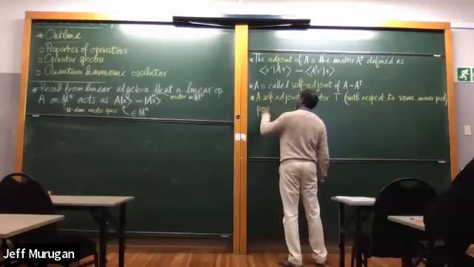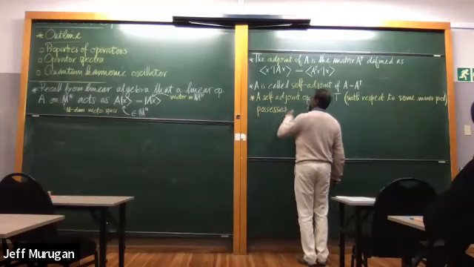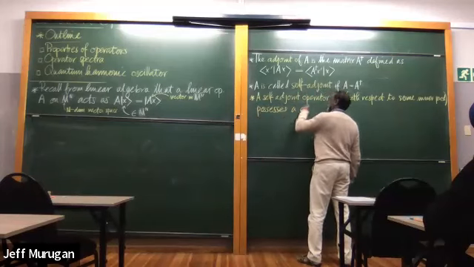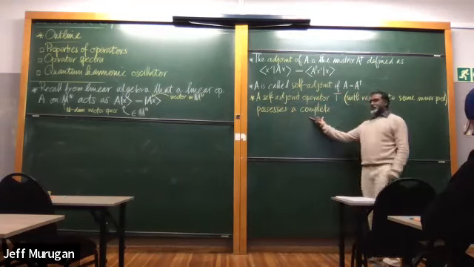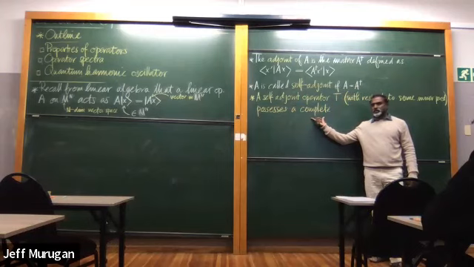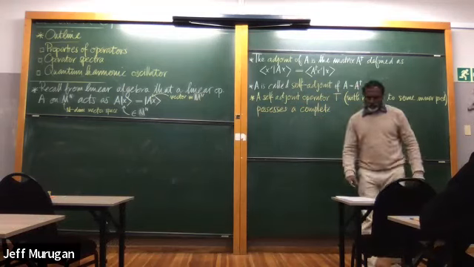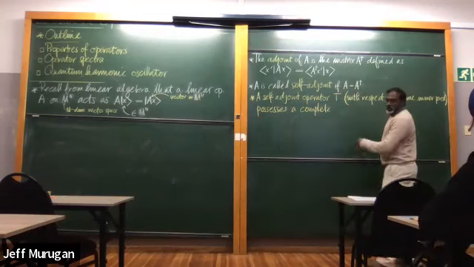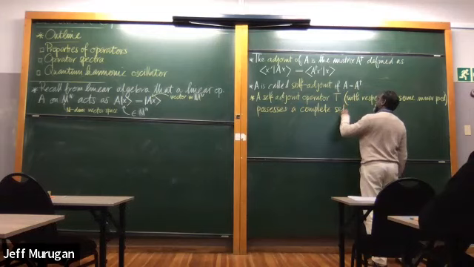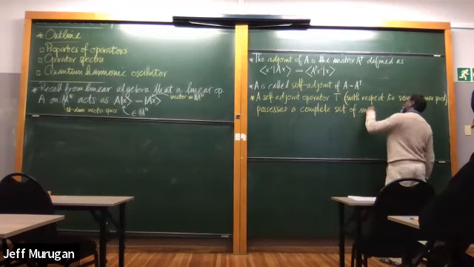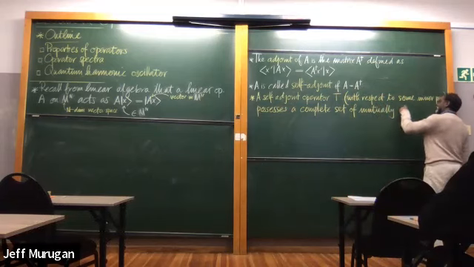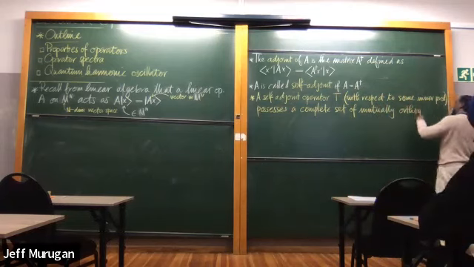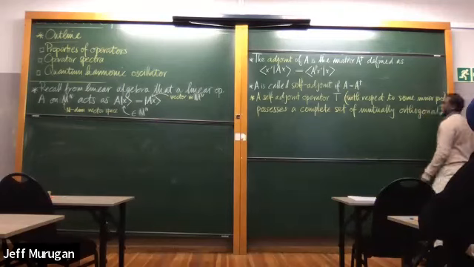possesses a complete, and I mean complete in the sense that we've been using up to now, which is that I can resolve the identity in terms of this set of states, complete set of mutually orthogonal eigenfunctions.